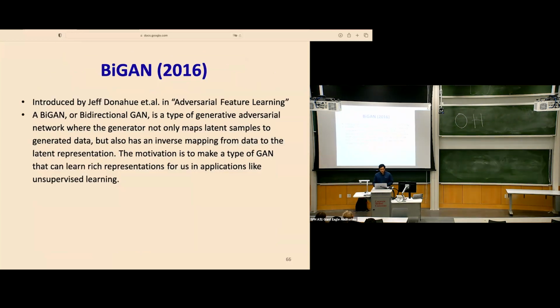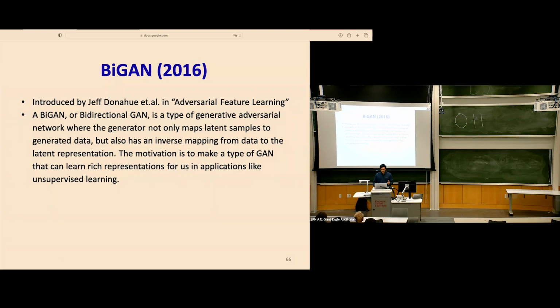The first one is BiGAN. This was introduced by Jeff Donahue in 2016 in their paper called Adversarial Feature Learning. A BiGAN is a bidirectional GAN, and it has one key difference that sets it apart from traditional conditional GANs, vanilla GANs, and the WGANs that Sheris was just talking about.